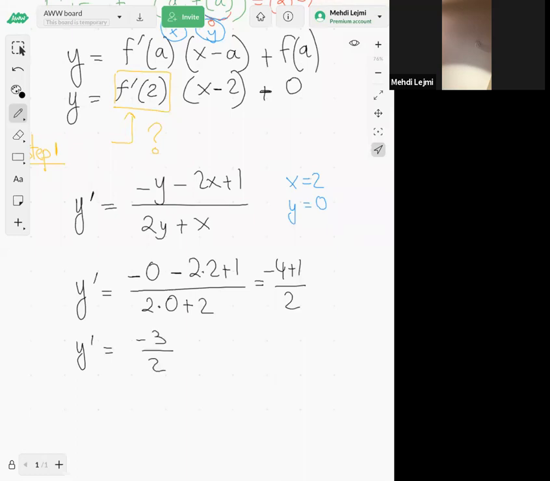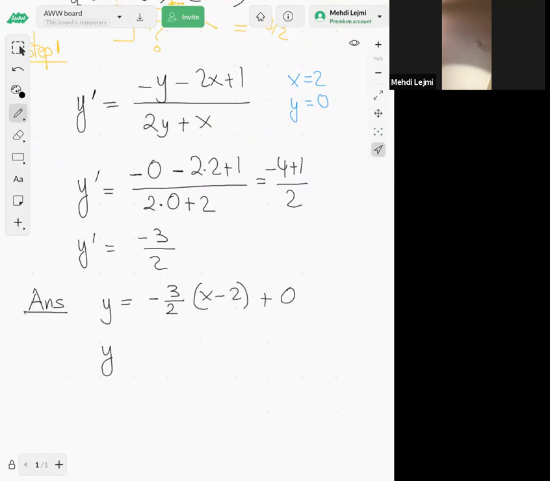So what we are saying, guys, is that this f prime of 2 in the equation of the tangent line is equal to negative 3 over 2. To answer the question, the equation of the tangent line to this curve at the point 2, 0 would be y equals negative 3 over 2 times x minus 2 plus 0.